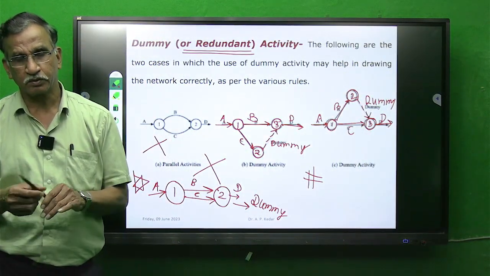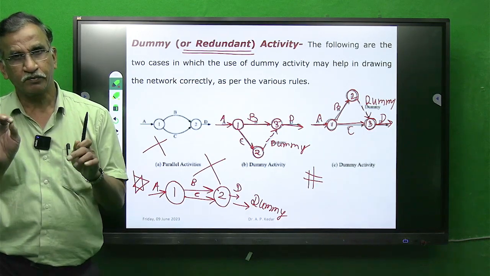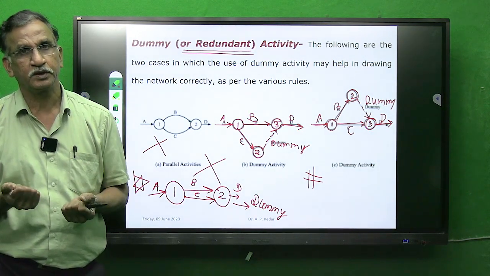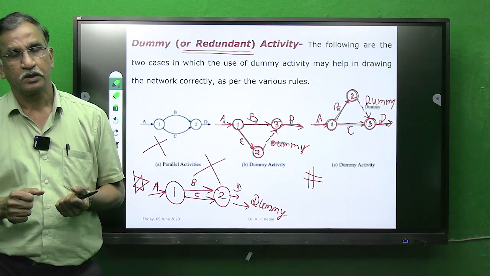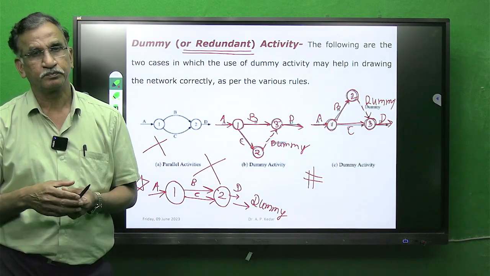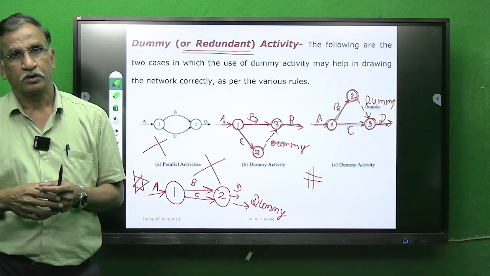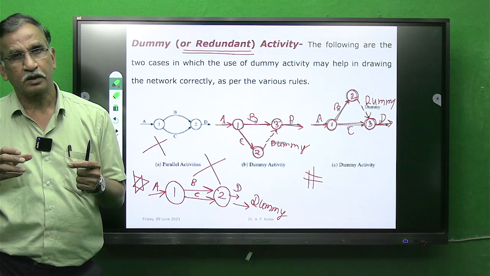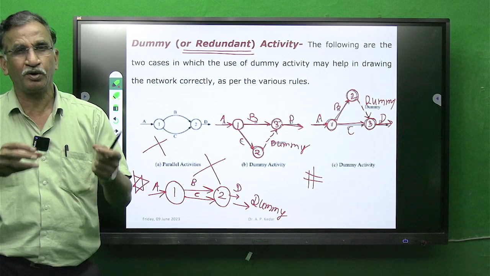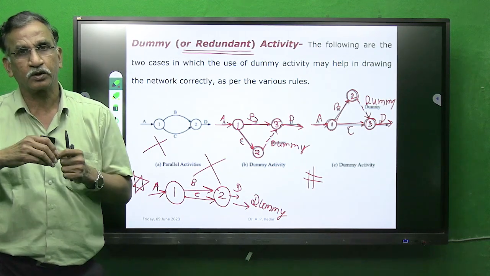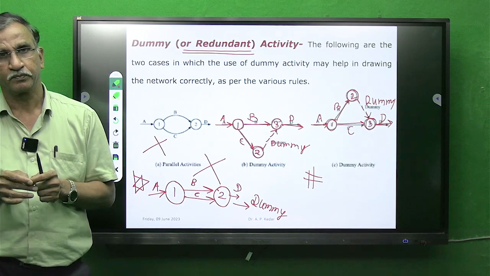But what is our observation when we say that a dummy activity does not consume any time and resources? It is observed through experience. Students unnecessarily put a lot of dummy activities in the network where they are not required at all.